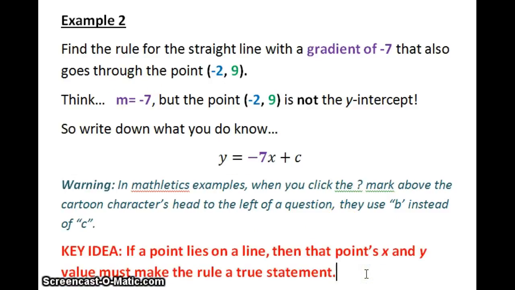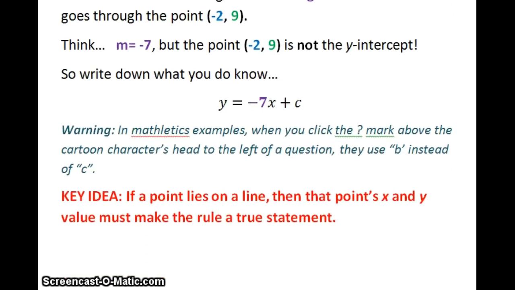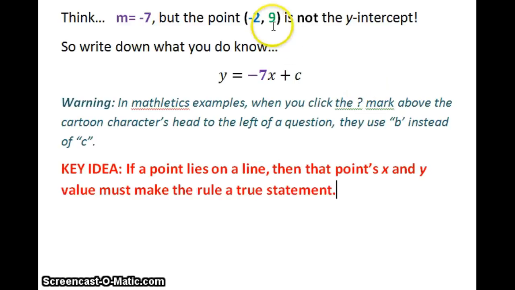Here it is. If a point lies on a line, then that point's x and y value must make the rule a true statement. So what am I going to do here? I'm going to take that point that I know, (-2, 9), and I'm going to put it in the rule.